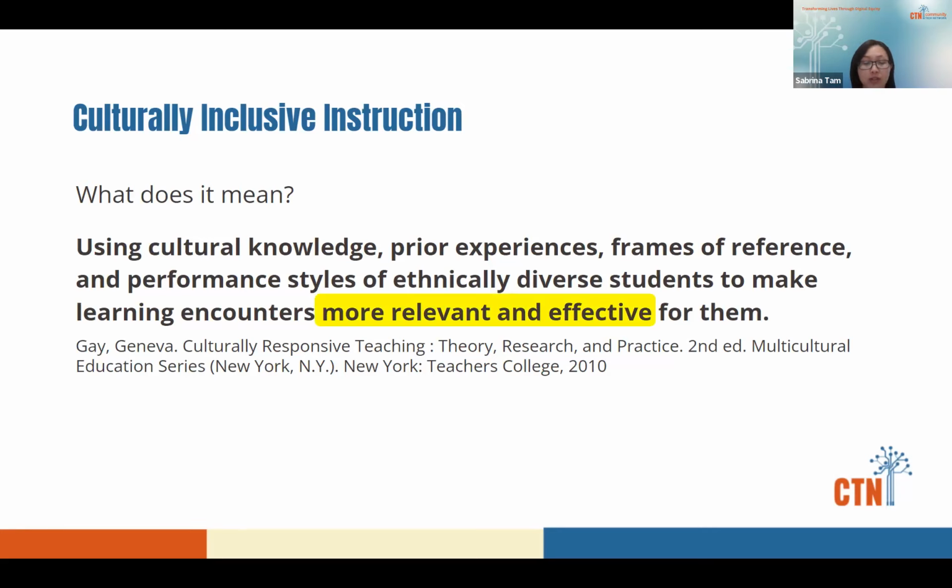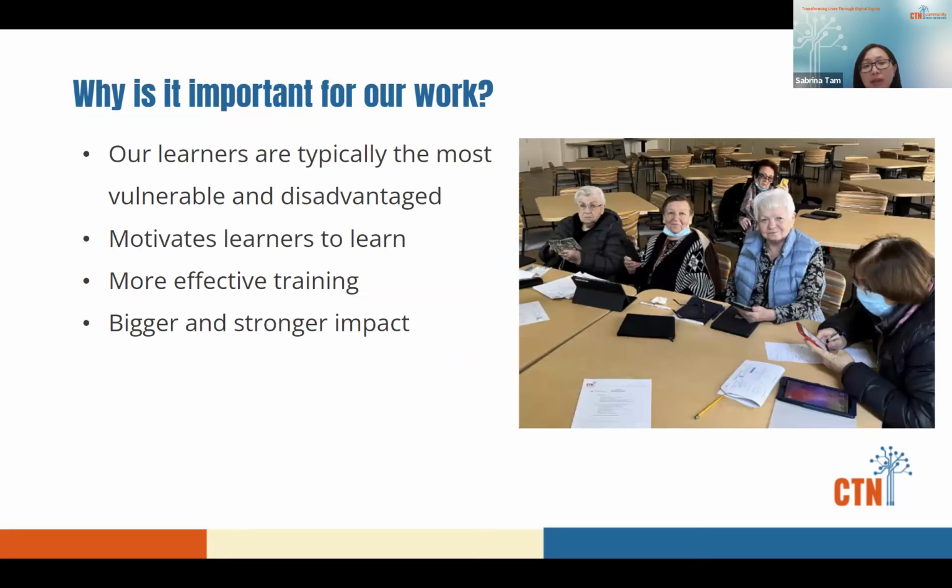Why is it important for our work? Because our learners are typically the most vulnerable and disadvantaged group in the community. Very often, learning digital skills is not a high priority for them. They may need to worry about housing, food, health, jobs, and many other things. But providing culturally inclusive instruction will motivate our learners to learn technology.